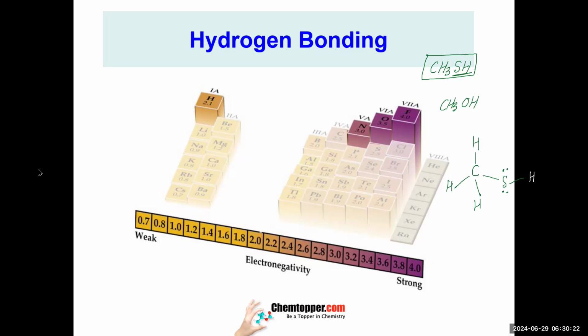Same with your CH3OH. 3 hydrogens. The molecule is not symmetrical, right? Here is oxygen with 2 lone pairs. This part of the molecule can show you hydrogen bonding. This part of the molecule can show you only dipole-dipole. So this one has a higher boiling point as compared to CH3SH.